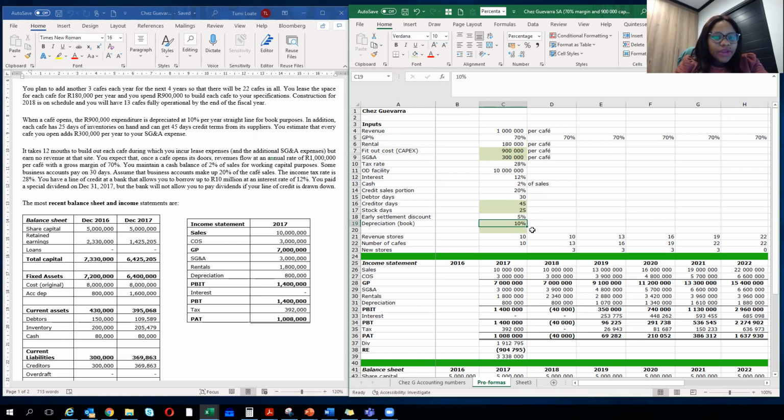If we carry on reading, it says it takes 12 months to build out each cafe, during which you incur lease expenses. So we start incurring the lease expense even though the construction is happening during that year. We need to take into consideration the rental cost of each cafe being 180,000 whilst the cafe is still being built.